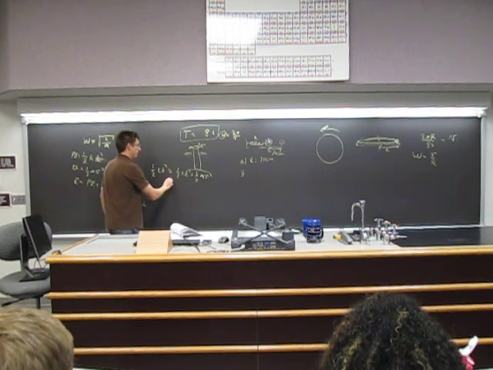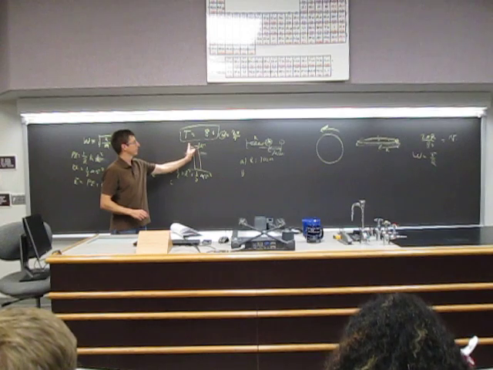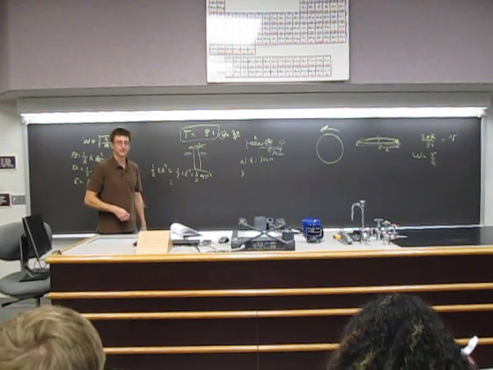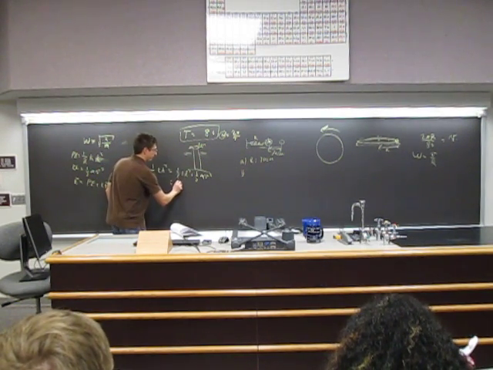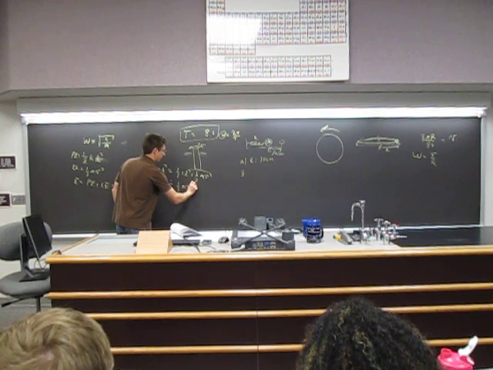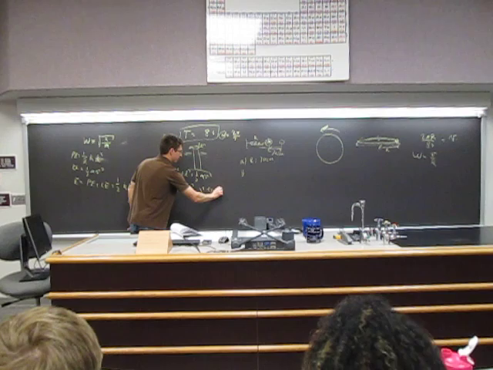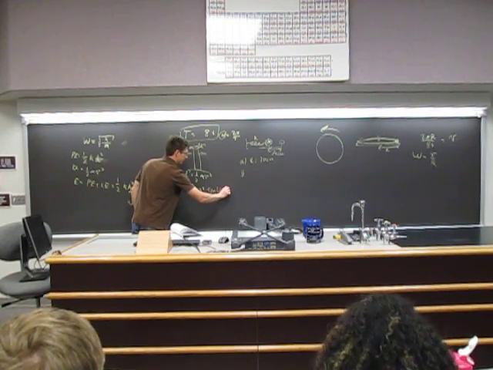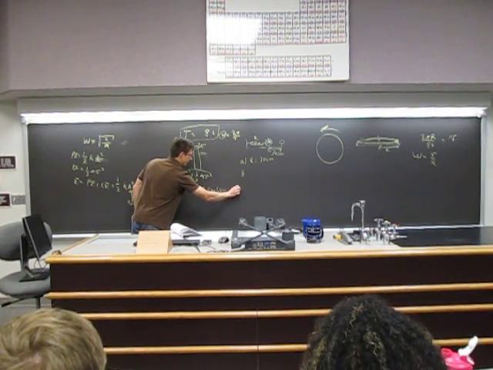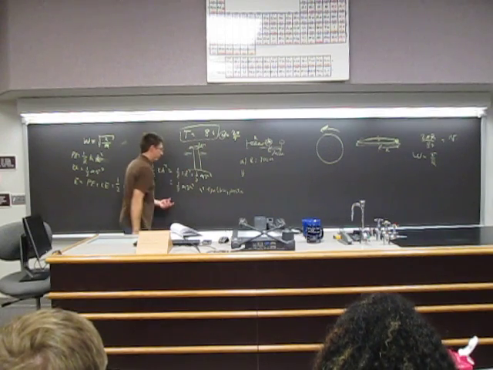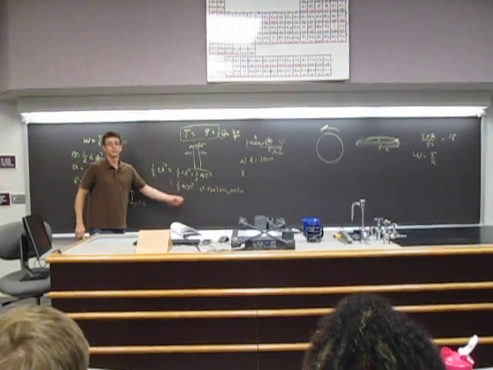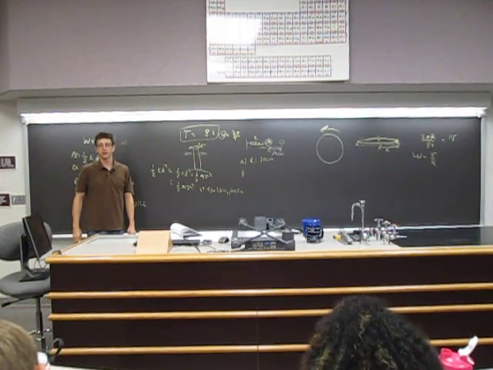Zero, the equilibrium position, right? It's 1/2 m v squared at the equilibrium position. And this would correspond to where the v is the biggest, because the potential energy is minimum there.